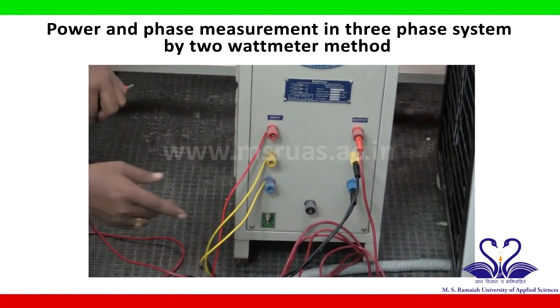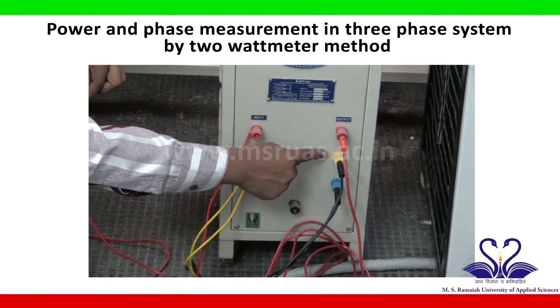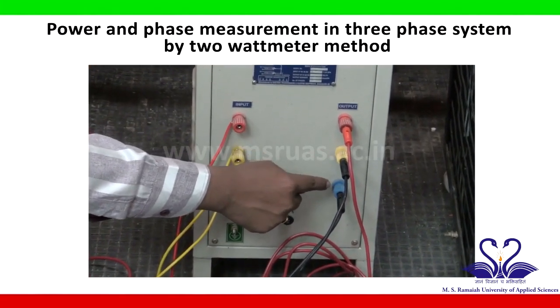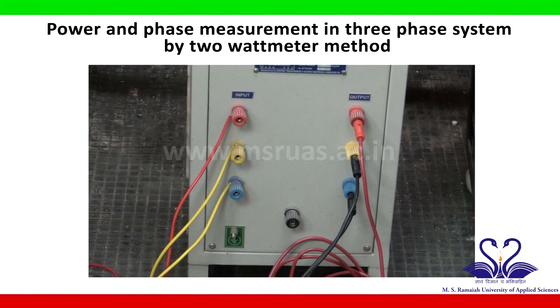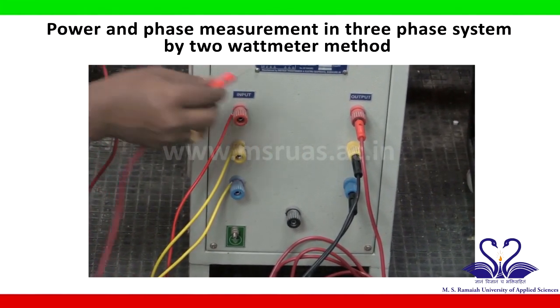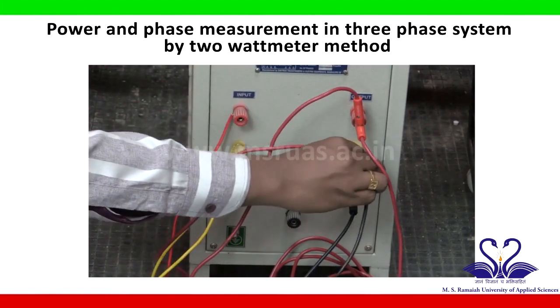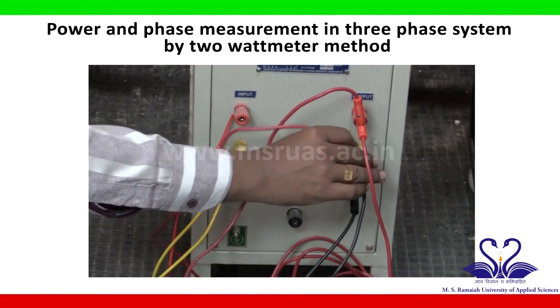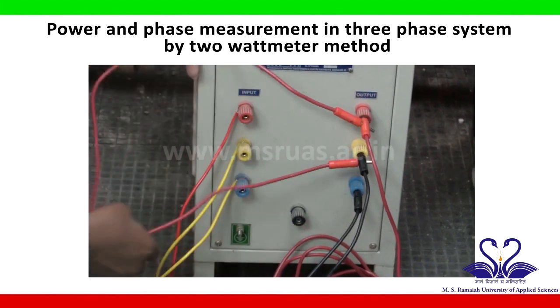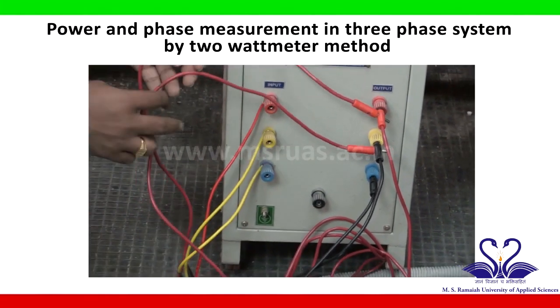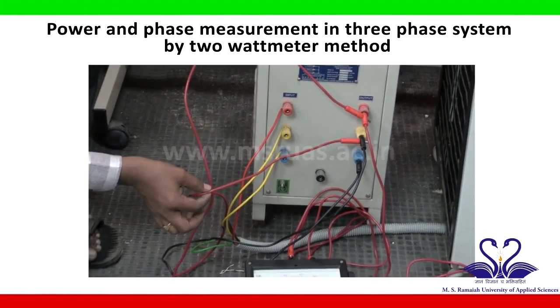That means you can use either R Y or Y B or B R. Now I am connecting this voltmeter across R and Y. Now the voltmeter is connected across the R and Y terminals.